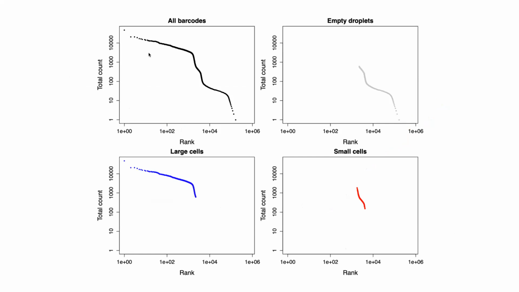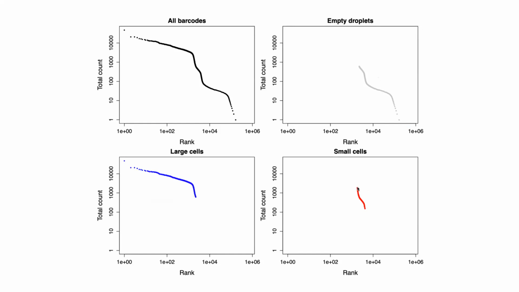The EmptyDrops knee plot might look like this, where you have all of the barcodes in the top left, and then what they're referring to as empty droplets in the top right. So you have large cells, cells with a lot of UMIs, and then small cells.